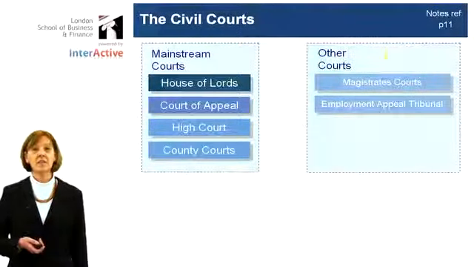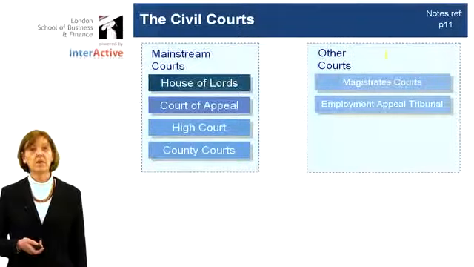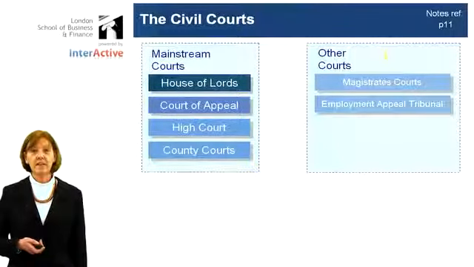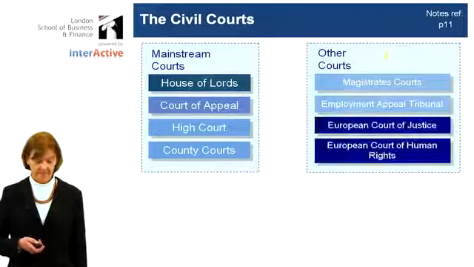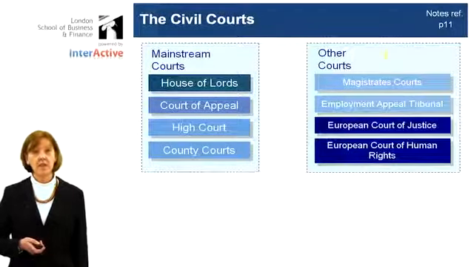Well, we've now done the civil courts within the country. But there are 2 further civil courts we need to make mention of, which are on the mainland of Europe. They are the European Court of Justice and the European Court of Human Rights.